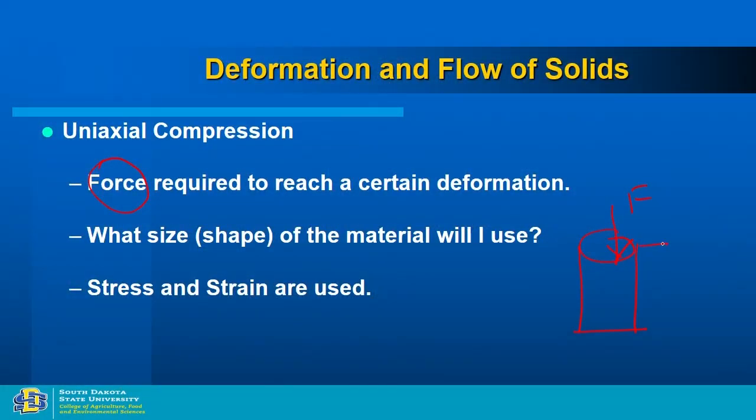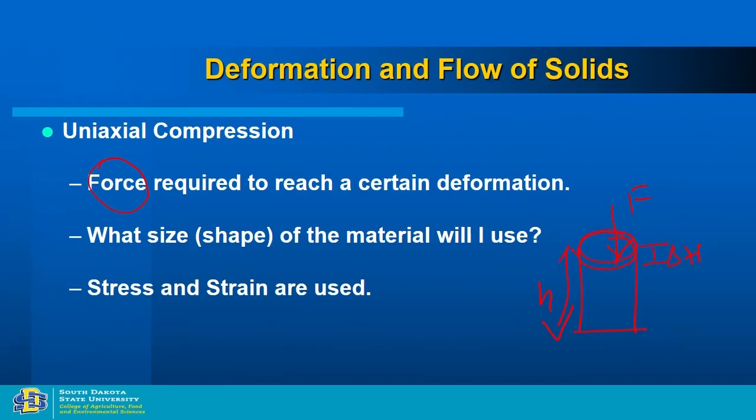So if you look at this shape here, if you take the cylindrical sample and apply the force, then you can study the force with respect to deformation. Make sense? So this is force, and deformation is going to be here. The initial height is h, and this is delta h, and the force is here, and this is the area you are applying.